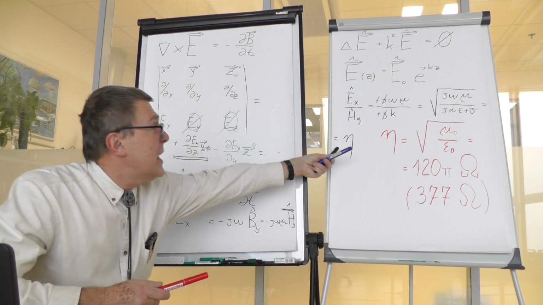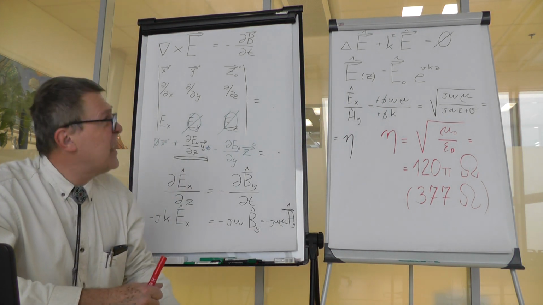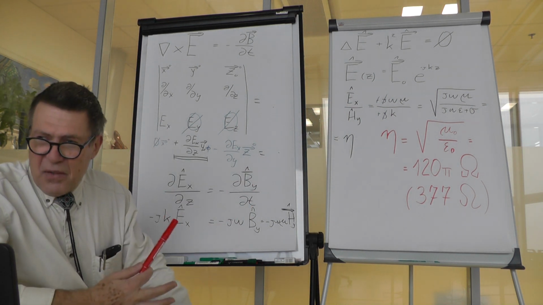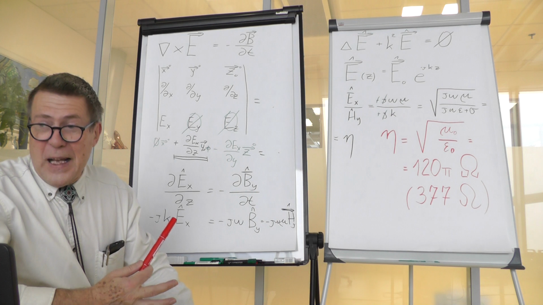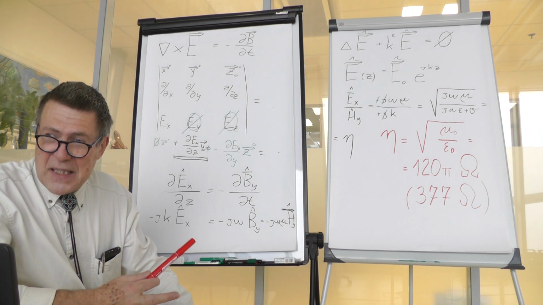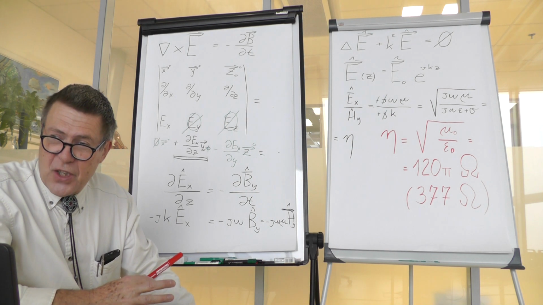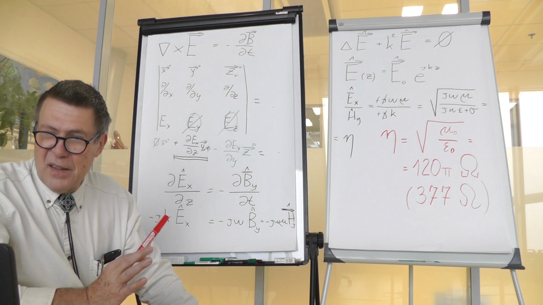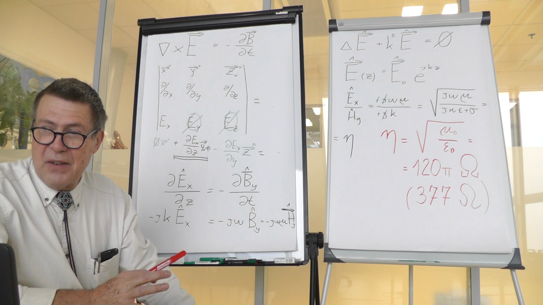Then the impedance is a real number. So the ratio of two phasors, that is a real number, in fact means that both phasors must be in phase. There is no phase shift between electric and magnetic field. This is propagation within dielectrics.